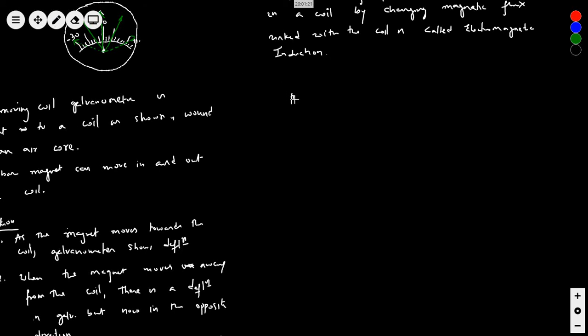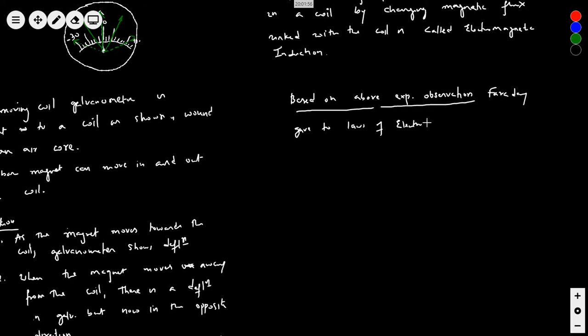So, based on the above experimental observations, Faraday concluded and gave the laws of electromagnetic induction. What is it?